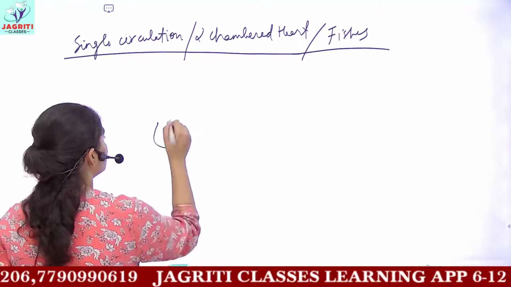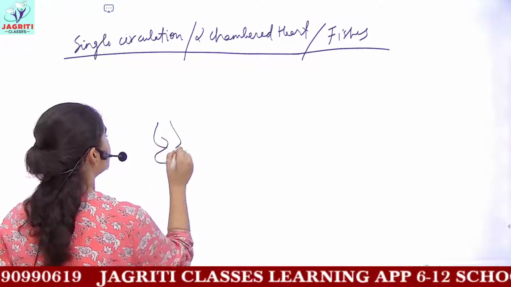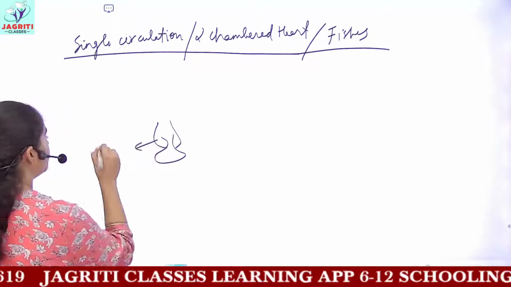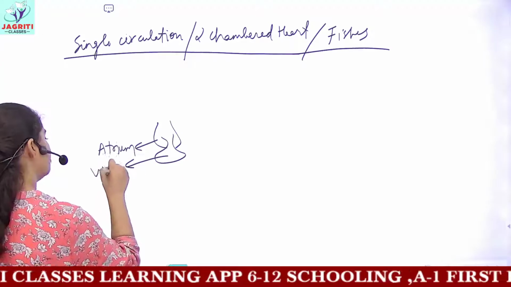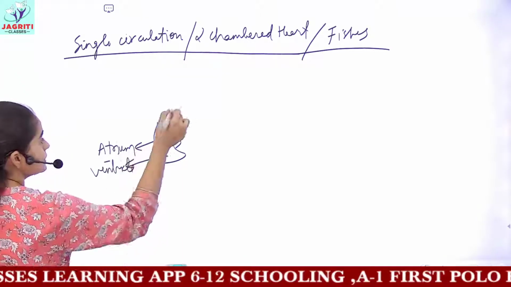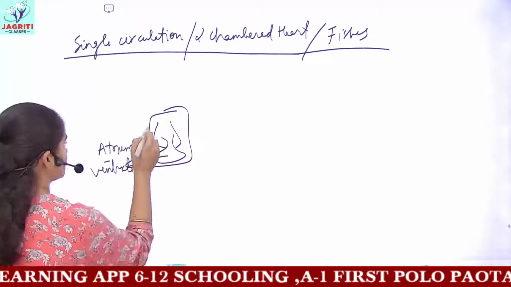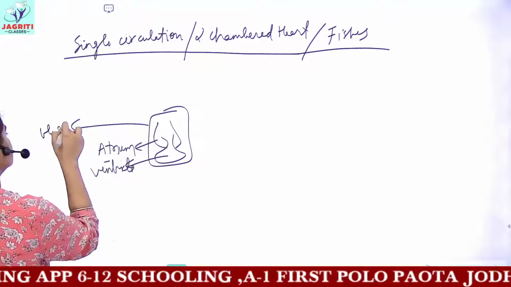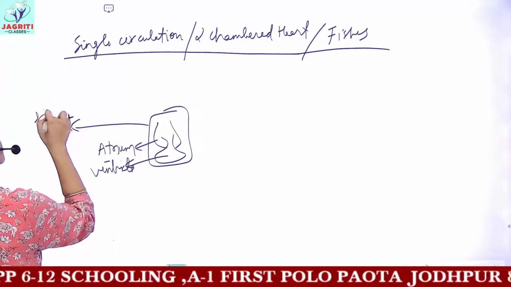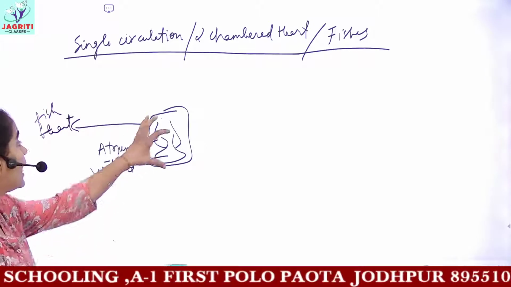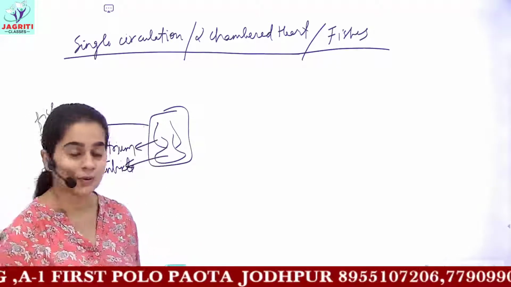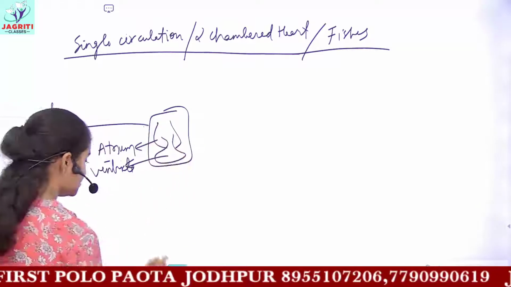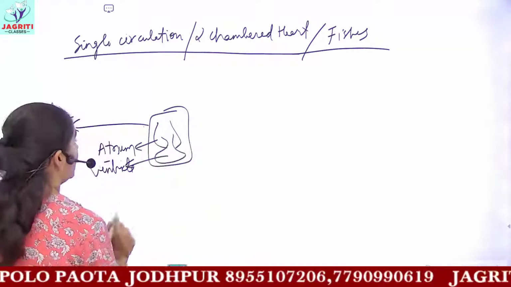Let's suppose these are the two chambers of the heart. This one would be the atrium and this is the ventricle. So this is the heart of fishes. As you can see, this atrium and ventricle are not separated, so the blood present in the atrium and ventricle undergoes mixing.